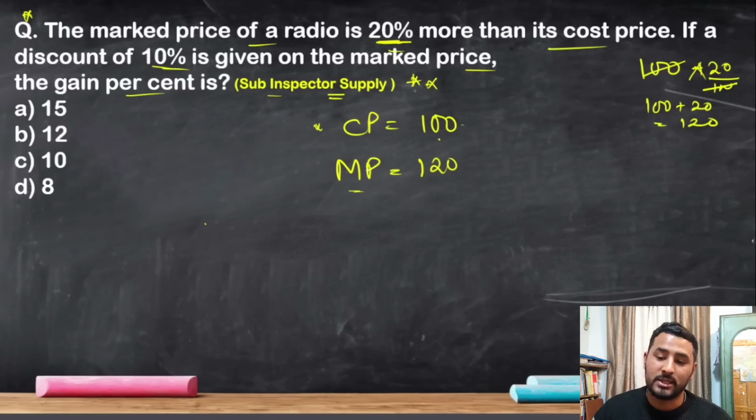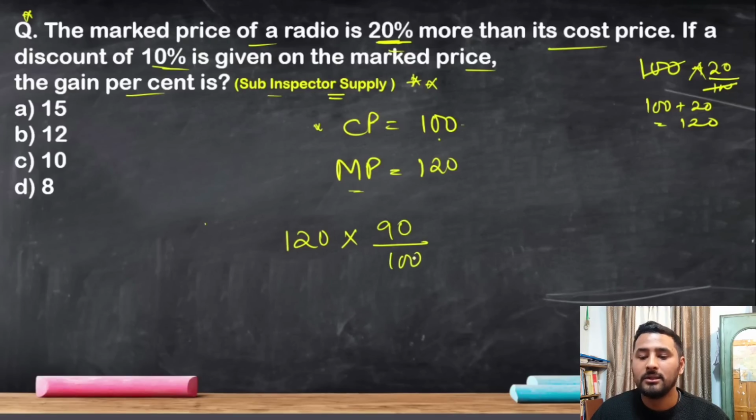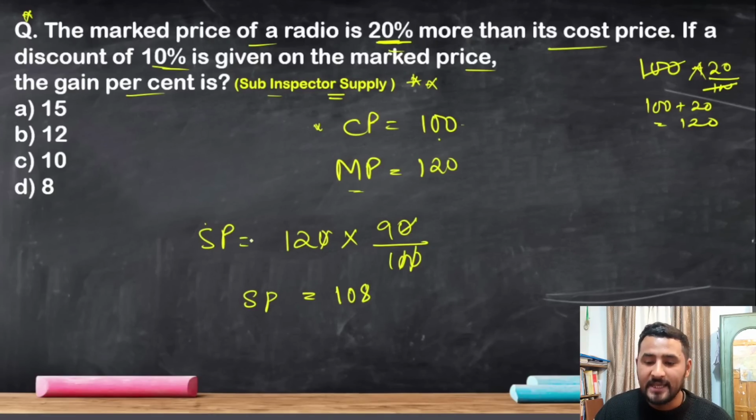If in 120 they have given a discount of 10%, it means 90 by 100. Cancel the zeros. 12 into 9 will be 108. So this will be our SP. We get the SP once we apply the discount on the mark price.